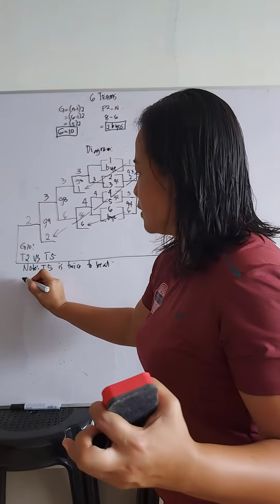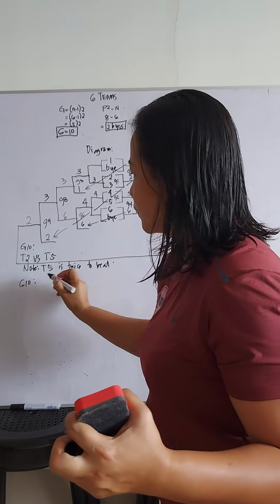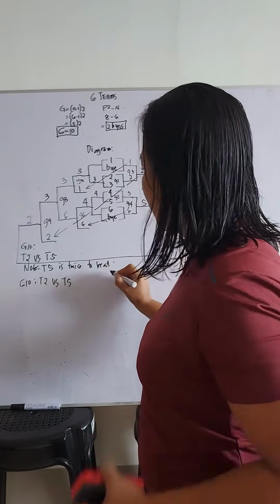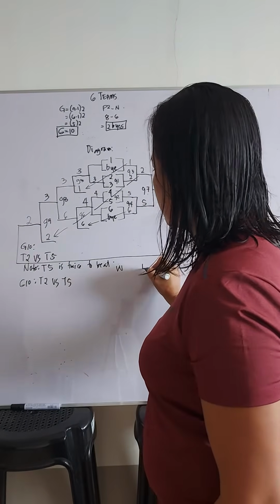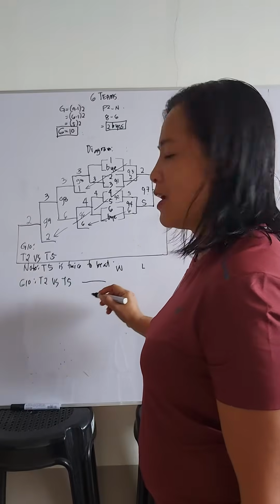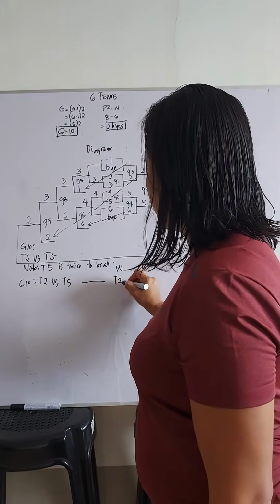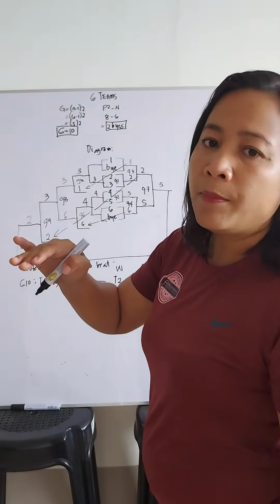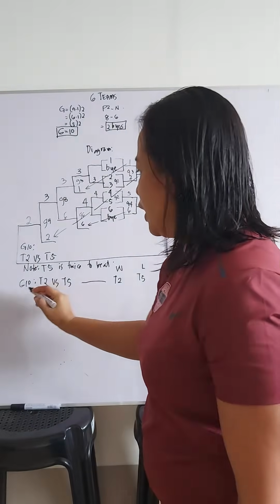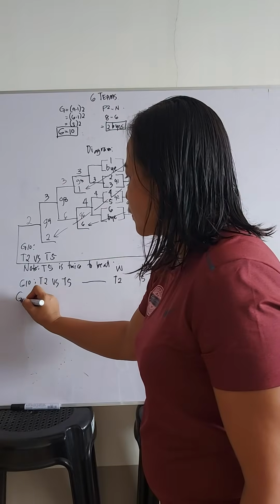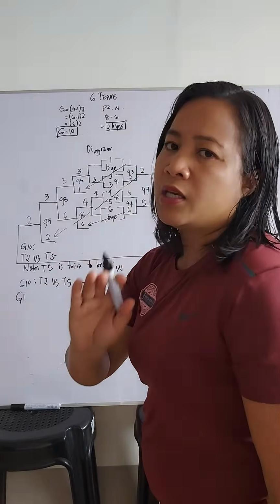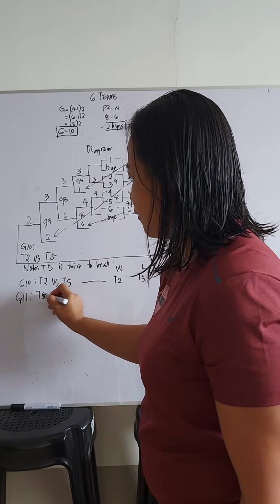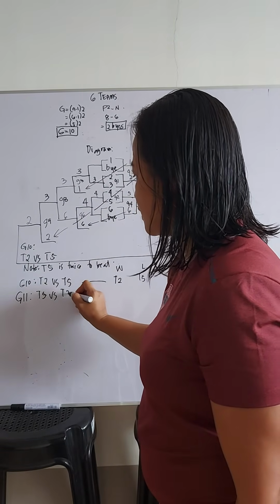Why? Because let's say in Game 10, Team 2 versus Team 5, winner, loser. Let's say the winner is Team 2. So Team 2 has a chance to go up and have a rematch with Team 5, which would give us Game 11. So we have Team 5 versus Team 2.